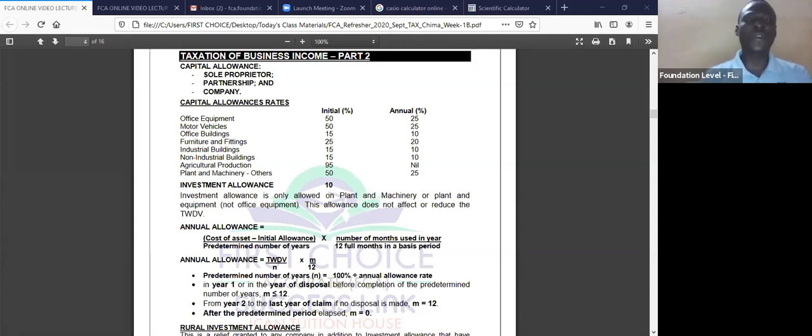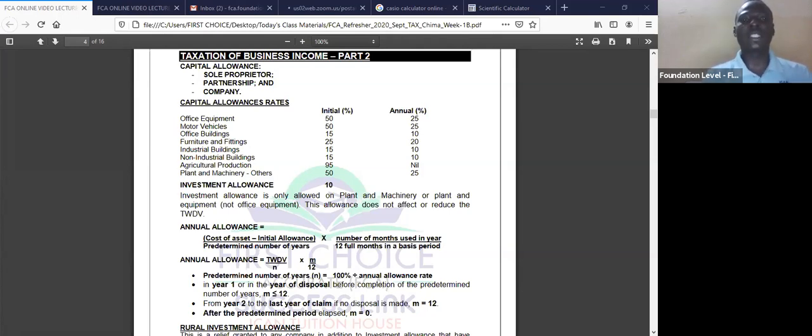You have to convert your net profit to assessable profit. When you convert your net profit to assessable profit, you are making your profits ready to be taxed.